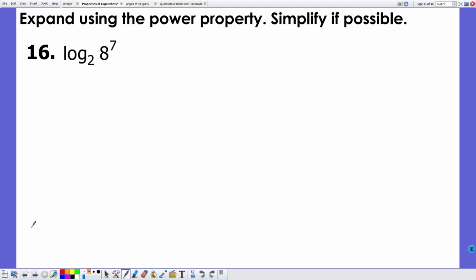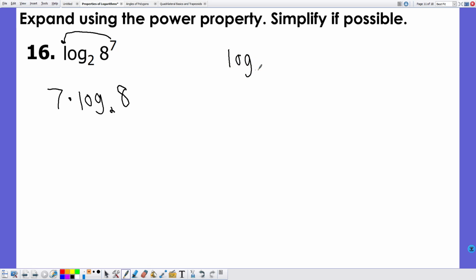Now let's look at how we could use these properties to expand. Let's perform an expansion and simplify if possible. We have the 7 as an exponent. We're just going to move the 7 as the product. So 7 times log base 2 of 8. Now, we could simplify this a lot further, evaluate it even.